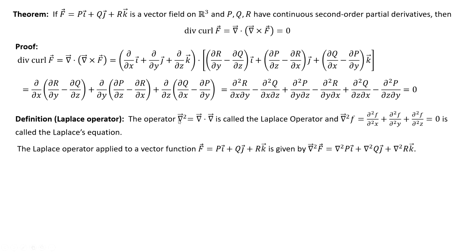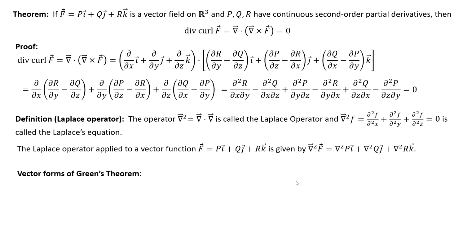But is del square a vector? No, it's del dot del. That means the dot product, which we know is always a scalar. So del square is actually a scalar. Can you apply a scalar to a vector? Yeah, you can. All you need to do is take each of these components and find del square p, and that's what you get if you want to write this using the Laplace operator del square.